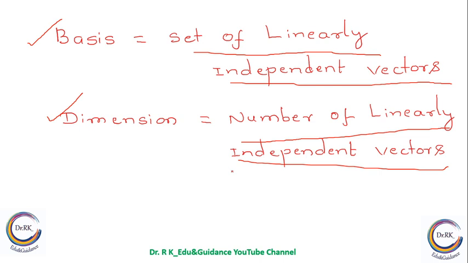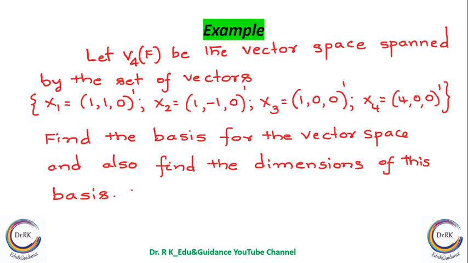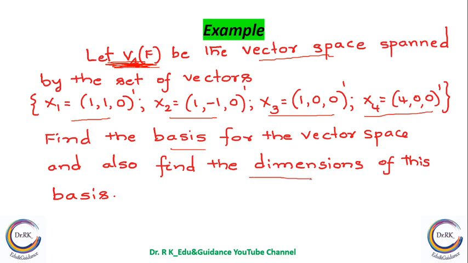Now how to find it? This is very important for many examinations. Suppose V4(F), that is dimension 4, is a vector space spanned by vectors x1, x2, x3, x4. Then find the basis and also the dimension.